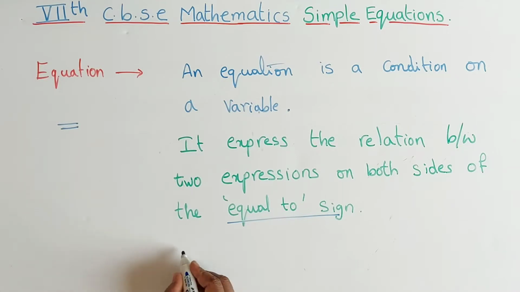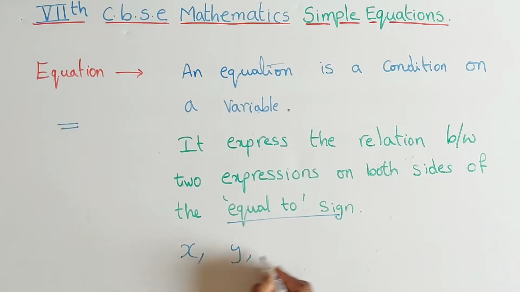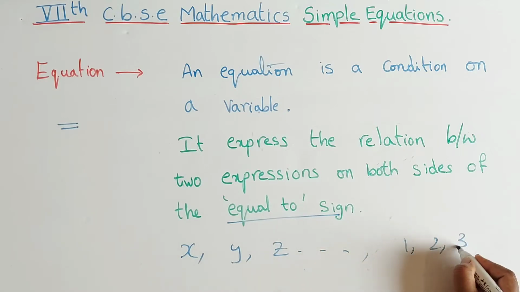Let us start. x, y, z, and so on, these are all variables. Right children? Now numbers, these are all constants, children. So 2x, the combination of variable and constant, is a term.